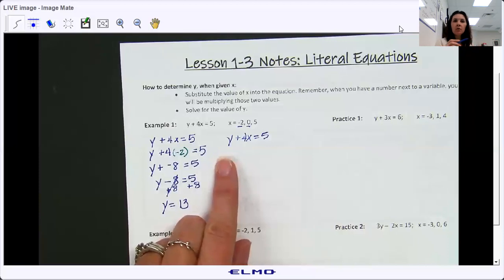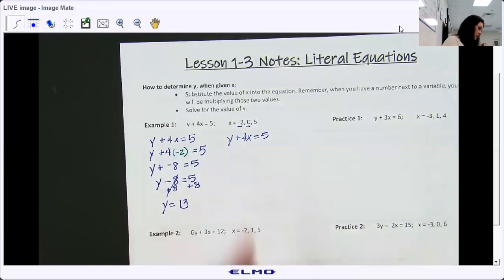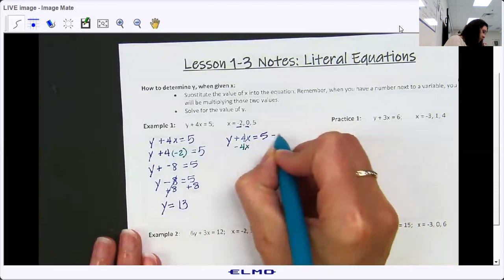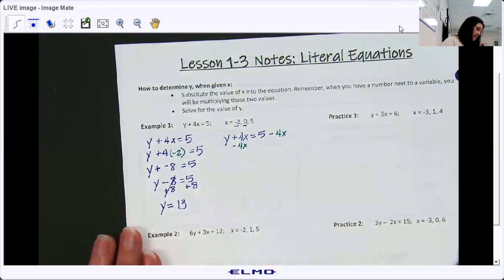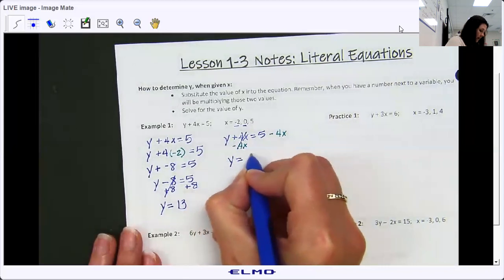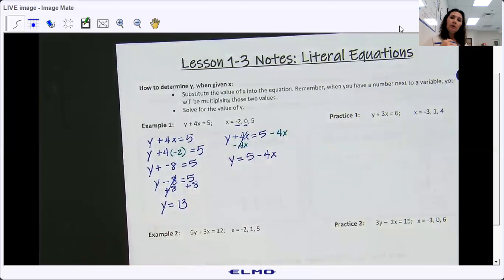Instead of Y plus 4X equals, I want it just to be Y equals, which means I need to move my 4X to the other side of the equation. So I'm going to subtract 4X from this side and then subtract 4X from this side. So these end up canceling each other out, and I'm left with Y equals 5 minus 4X. So I've rearranged my equation set equal to Y.